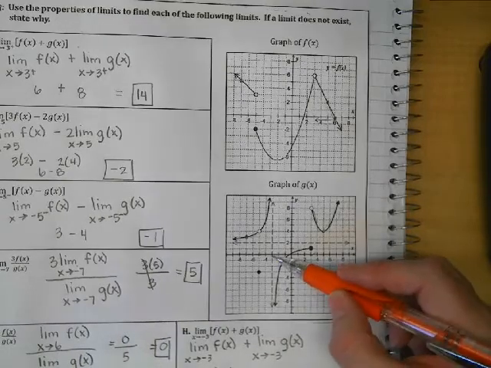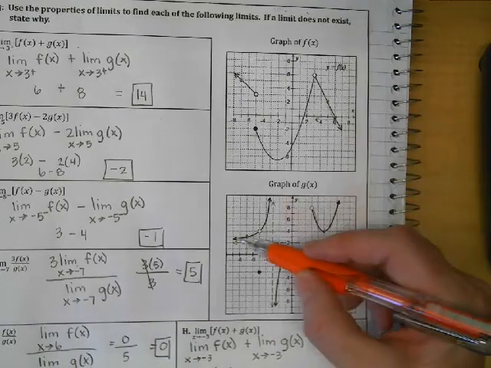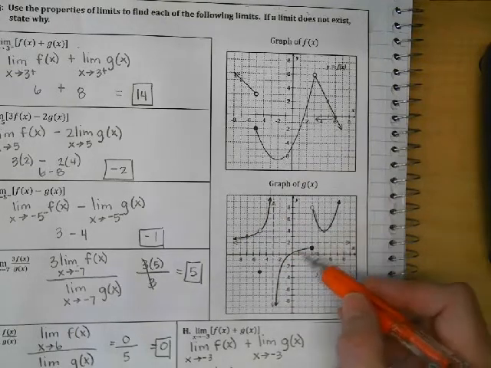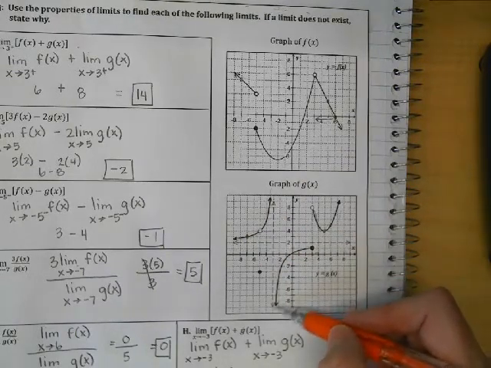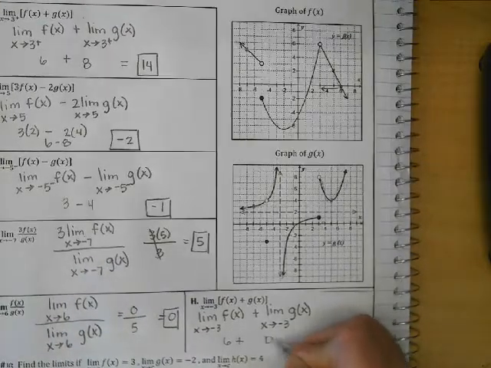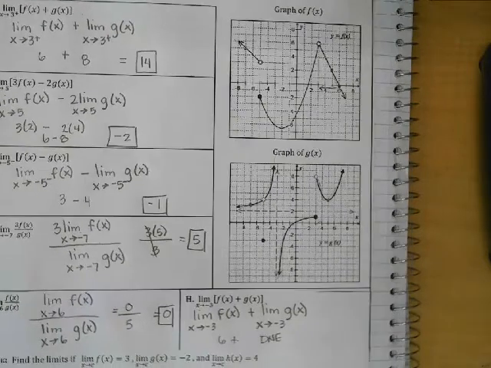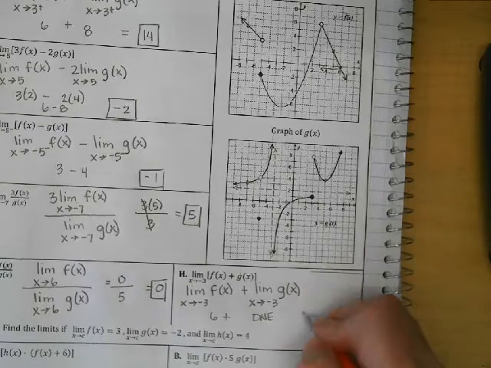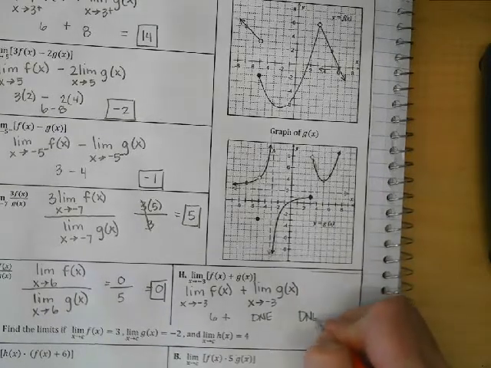Negative 3 on this one, there's an asymptote there. So on this side, from the left-hand side, it's headed towards positive infinity. On the right-hand side, it's headed towards negative infinity. Remember, in order for the limit to exist, it has to approach a number. It can't approach an asymptote. In this case, the limit does not exist. So I can't do a 6 plus a does not exist. The answer would just be that the limit does not exist.